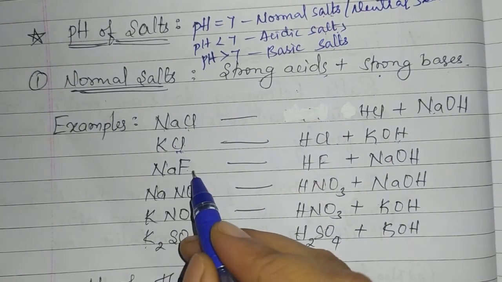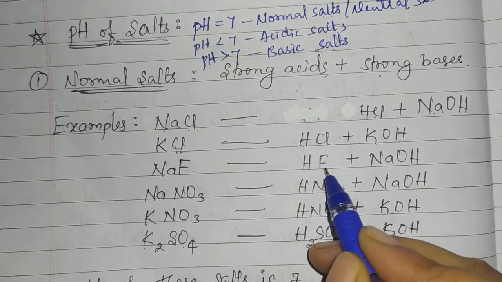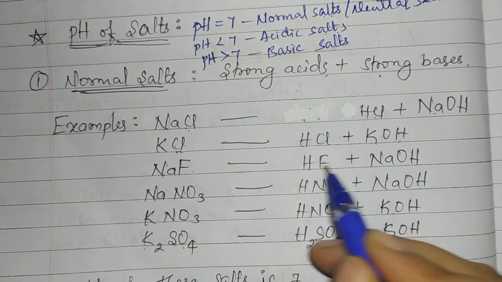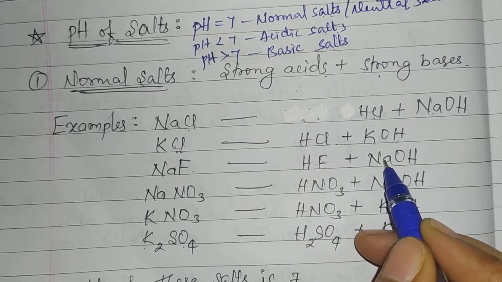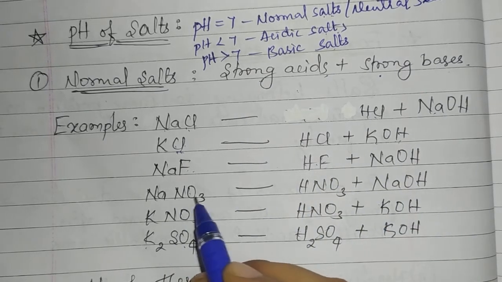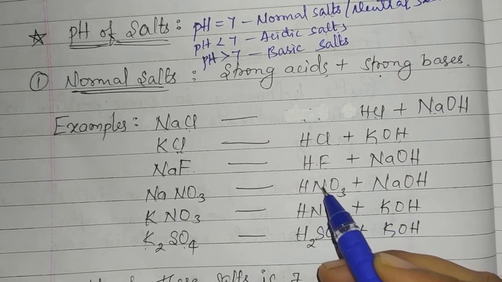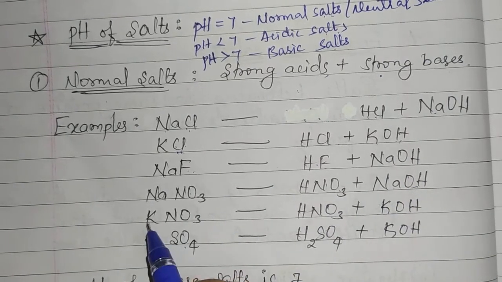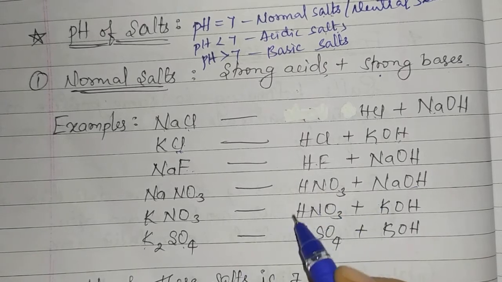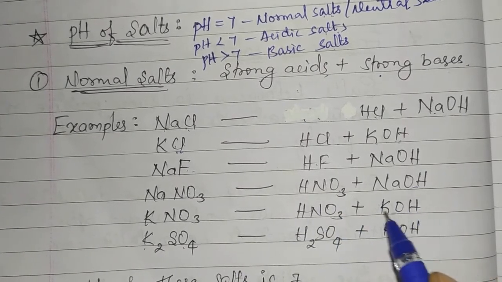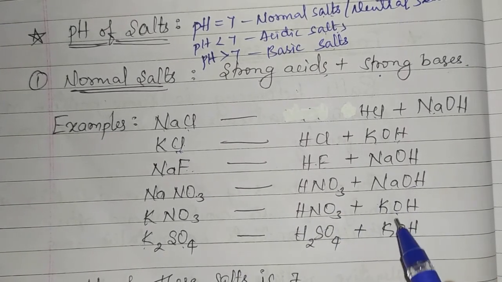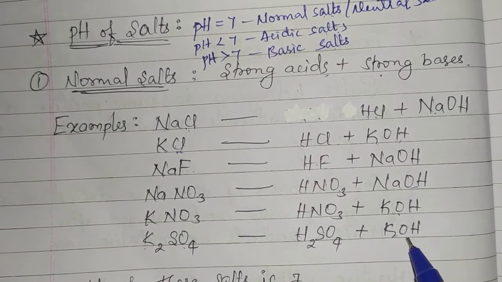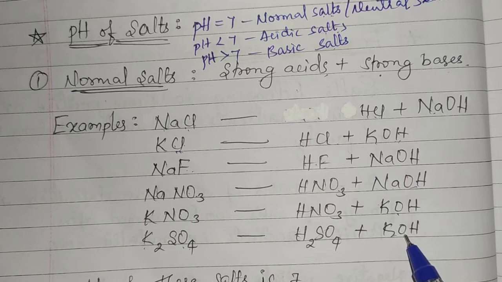Sodium fluoride is formed when hydrofluoric acid reacts with sodium hydroxide; this is a strong acid, this is a strong base. Sodium nitrate is formed when a strong acid like nitric acid reacts with sodium hydroxide. Potassium nitrate is formed when nitric acid reacts with potassium hydroxide. And potassium sulfate is formed when sulfuric acid reacts with potassium hydroxide.